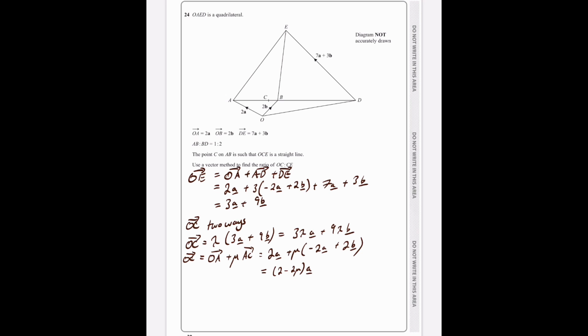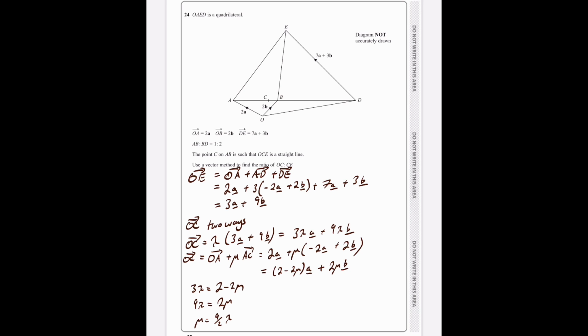If I expand that out and factorize, we'll get (2 minus 2 mu) lots of a plus 2 mu lots of b. Now we know those two vectors for OC are the same, so we can equate the coefficients. We'll have 3 lambda is equal to 2 minus 2 mu. That's for the little a's, and then for the little b's we'll get 9 lambda is 2 mu.